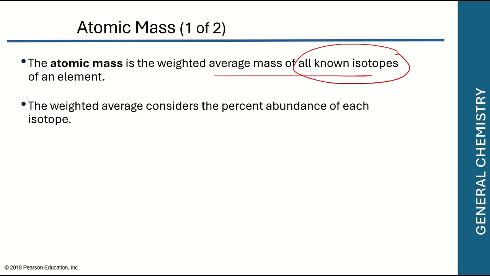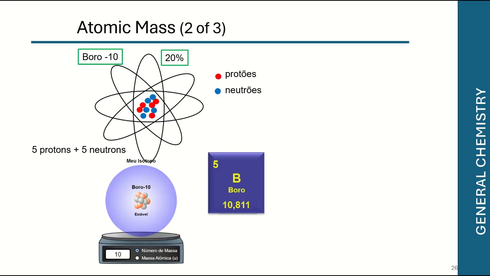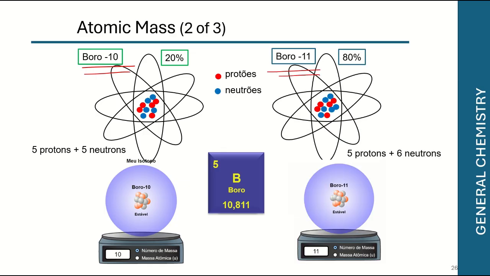Now we understand why I'm talking about isotopes before atomic mass, because the atomic mass is the average. But how do you calculate this average? So here I have boron 10 and boron 11. Look at the periodic table over here, it would be 10.811. That is the boron. Okay?